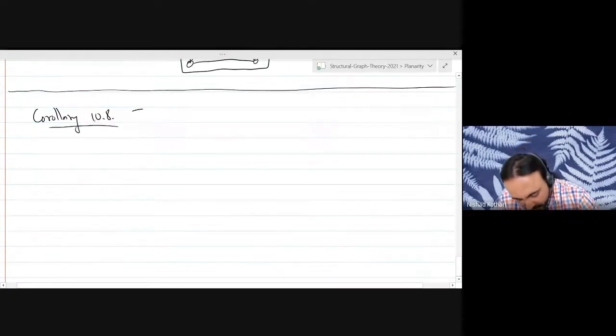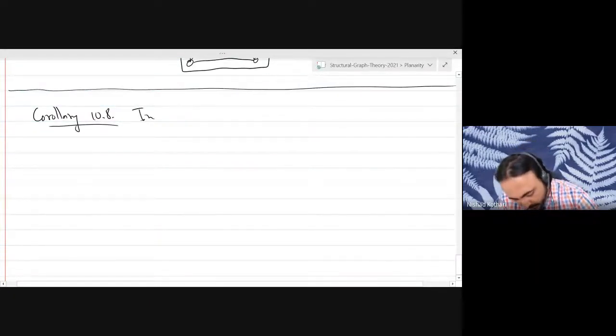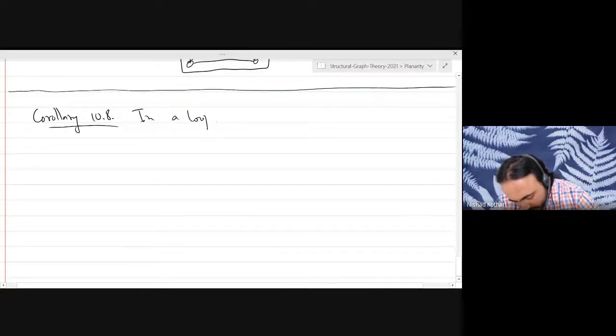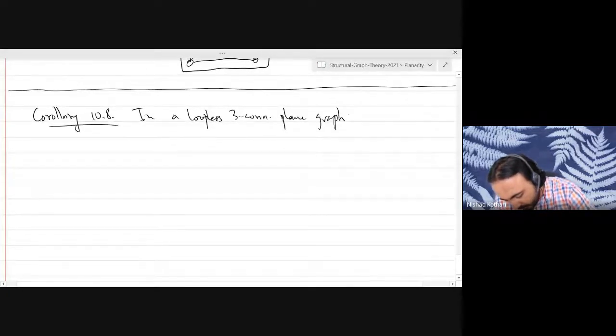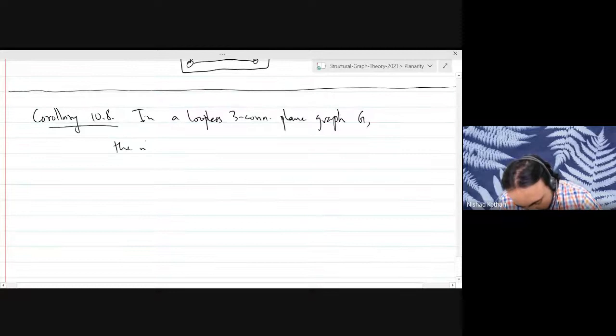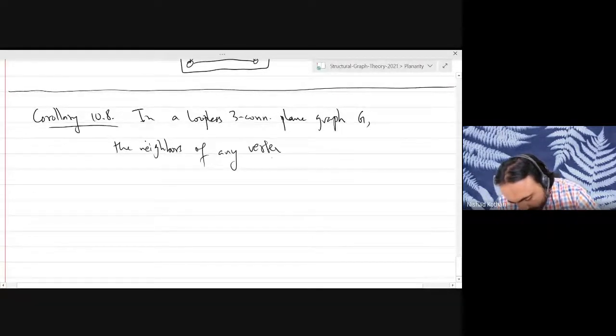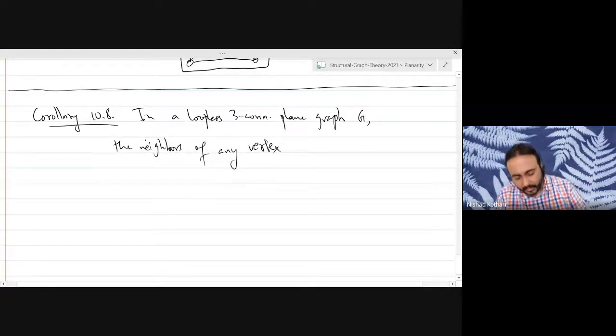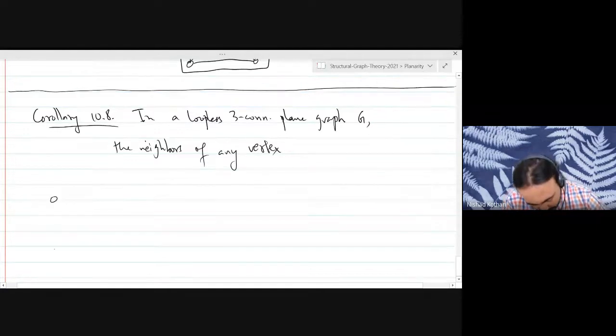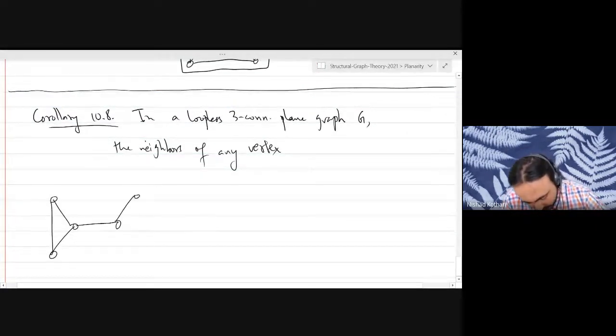Okay. So I just want to state one consequence. In a loopless three connected plane graph, if you look at the neighbors of any vertex, let's take one example, the same example that I keep drawing.